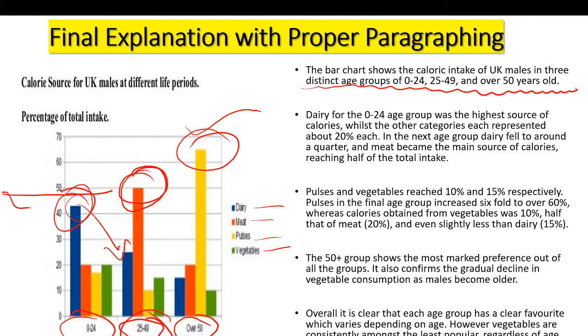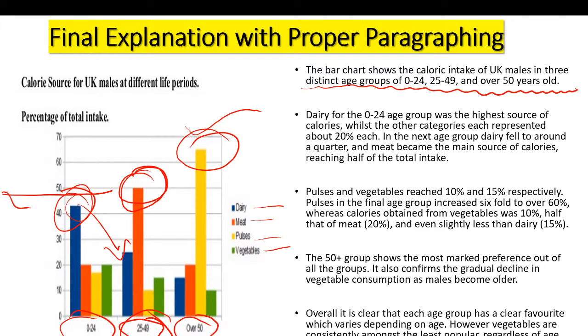So pulses in the final age group increased sixfold to over 60%, whereas calories obtained from vegetables was 10%. That is half of the meat, which was 20%, and even slightly less than dairy, which was just 15%.